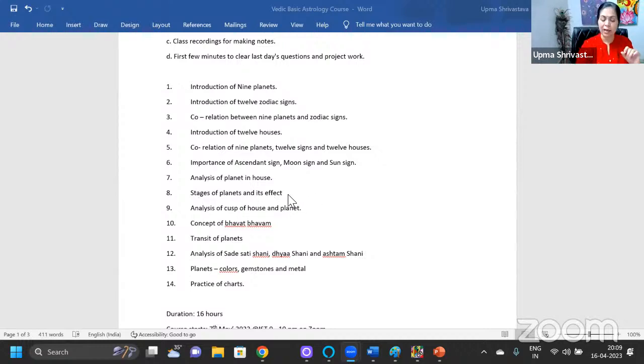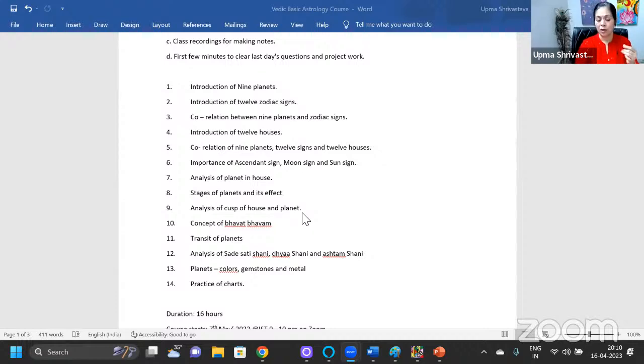Stages of planets and their effect. Stages means if a planet is in an infant stage, that we check through the degrees also. Whether through degrees or through infant, young, old stages, these can change our predictions. That we will learn here. Analysis of the cusp of a house and planet.